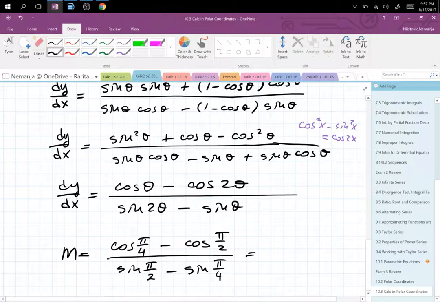Cosine of pi over 2 is 0. Cosine of pi over 4 is root 2 over 2. Sine of pi over 2 is 1, minus root 2 over 2.